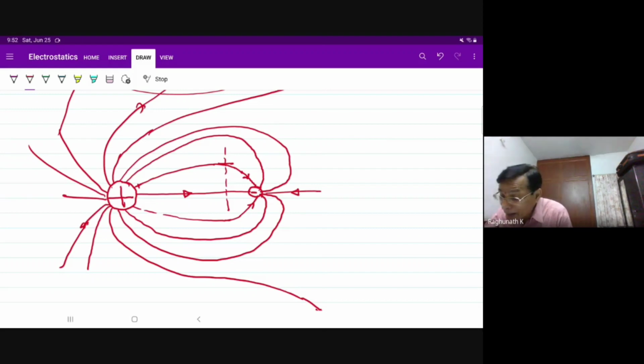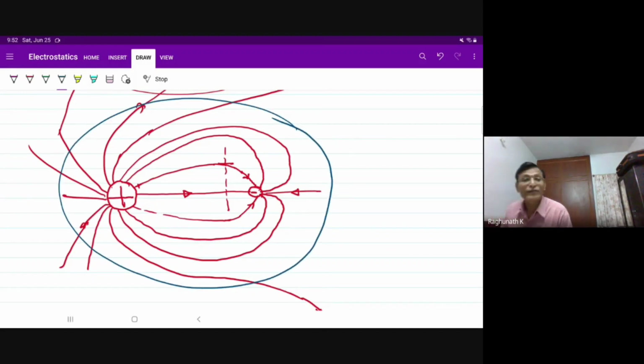Now if I imagine an imaginary closed surface enclosing both, Q1 minus Q2 in magnitude number of lines will leave the surface and go out. Net charge is that actually, if this is positive Q1 and this is negative Q2. Q1 minus Q2 number of lines will go out of this closed surface; they diverge away.